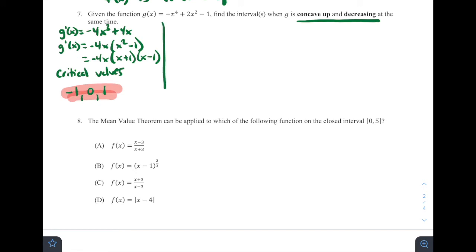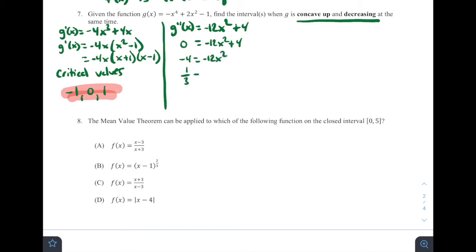Next, now that we've got our g prime, let's find g double prime and find those possible points of inflection. So that's going to be -12x squared plus 4. Actually, it doesn't look like we can factor anything out. We're going to just set that equal to 0, since this can't be undefined. So 0 is equal to -12x squared plus 4. So -4 is -12x squared.